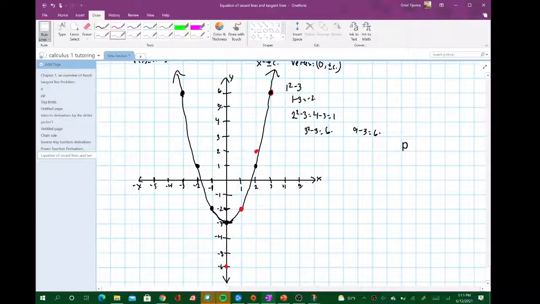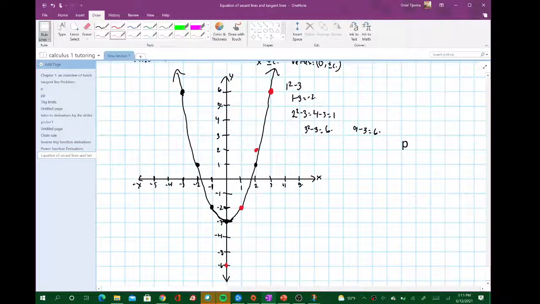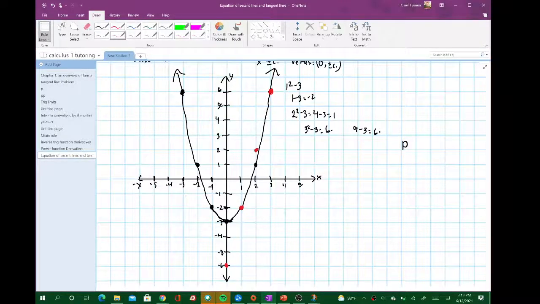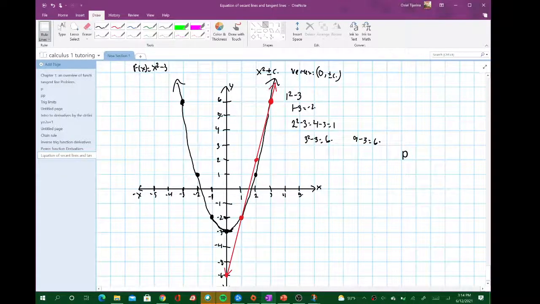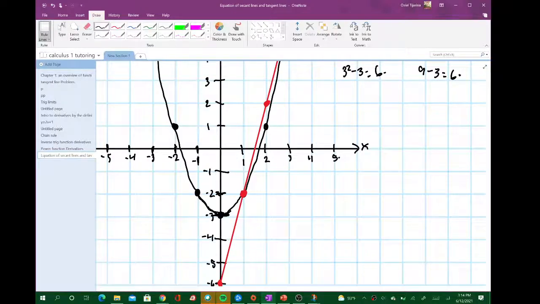So surely enough, if we draw a straight line between those 2 points, we can see very clearly the points here.